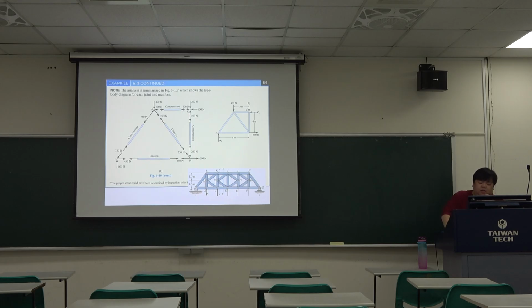If our object of analysis is a truss system like this, we will need to spend a lot of time on the calculations because you can see so many members. But if we can identify zero force members in advance, it will help speed up our calculation process.